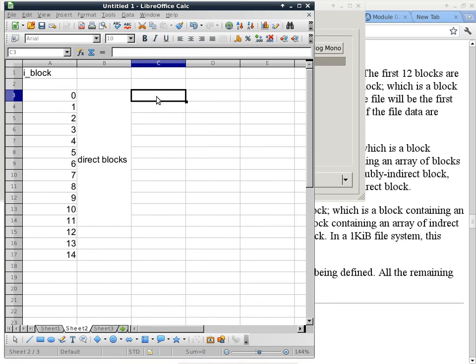If you want to locate the next 4 kilobytes of this file, this entry will take you directly to that block. This entry will take you to the third 4 kilobyte block. So if your file only has 12 times 4 kilobytes in the file, you only need the direct blocks. One look up here will get you the block number. You multiply the block number by the block size, and that's the offset on the hard drive you have to go to in order to find that portion of a file.